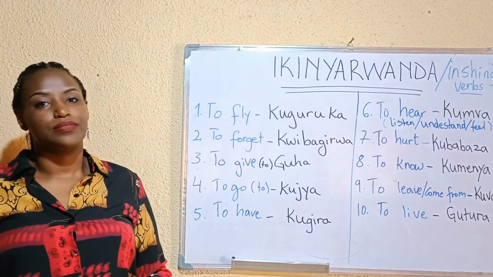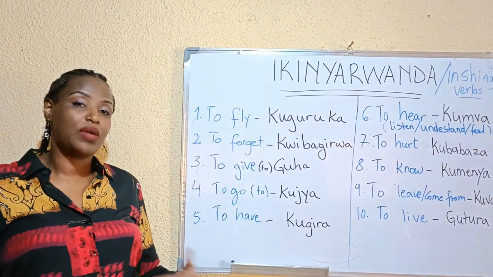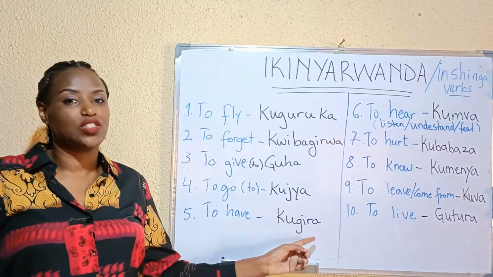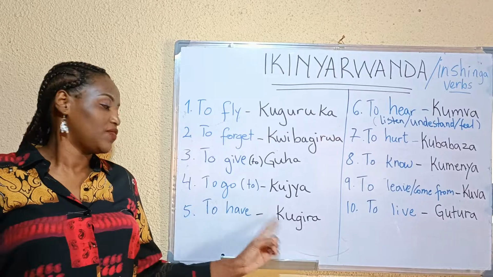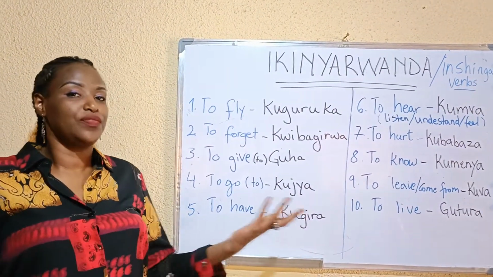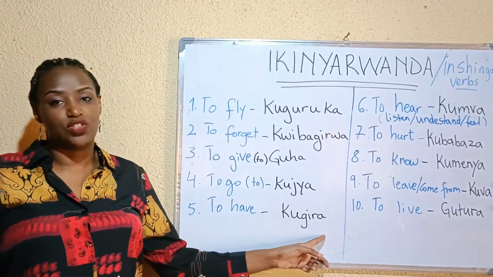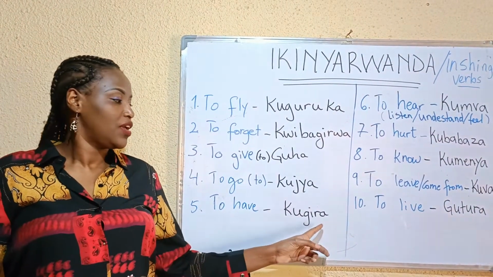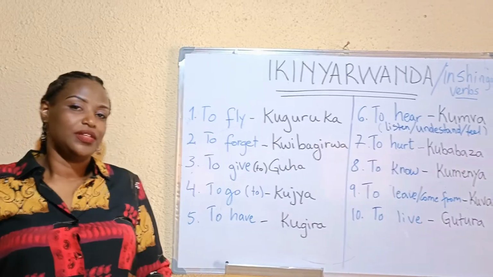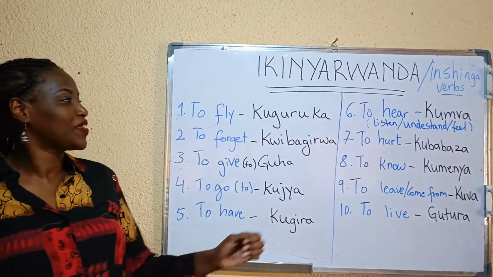But you know, most of the time we use mfite. The difference is kugira is used as infinitive, and when you conjugate in present tense, you use fite. So the stem changes, it becomes fite. So mfite, ufite, afite. I hope you remember.